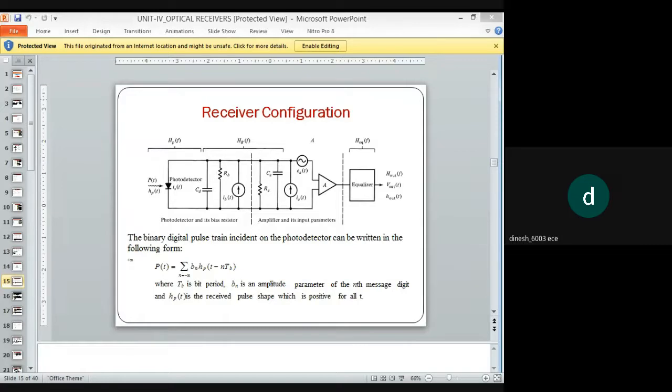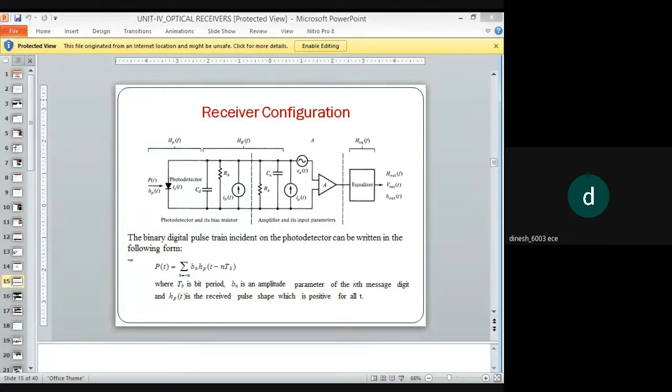So these are the probability distributions for the received logical 0 and 1 signal pulses. The different widths of the two distributions are caused by various signal distortion effects. So P1 of V is equal to the integral from minus infinity to V of Py of y at 1 dy, which is the probability that the equalizer output voltage is less than V if 1 is transmitted.